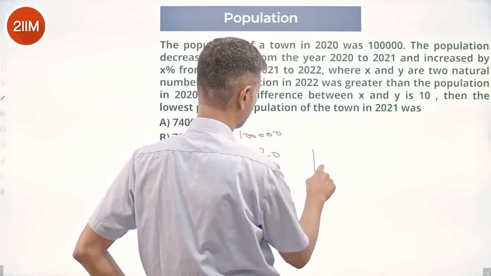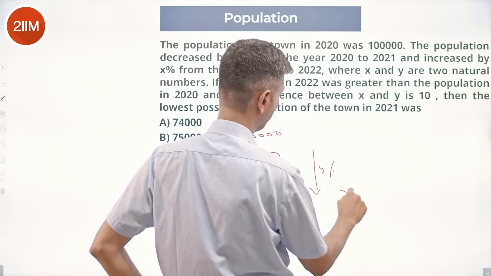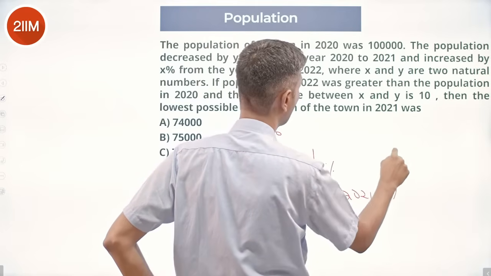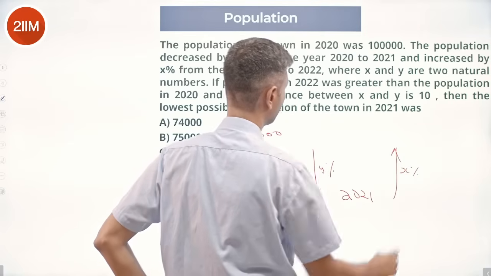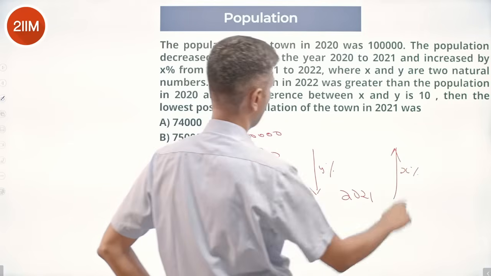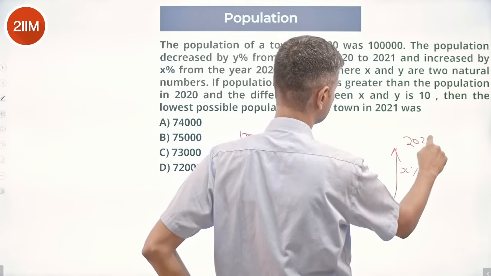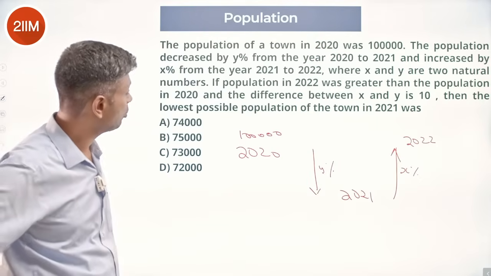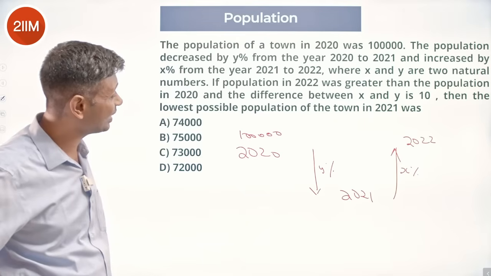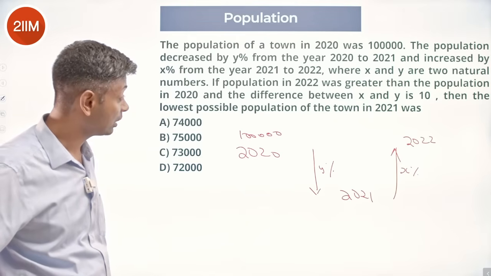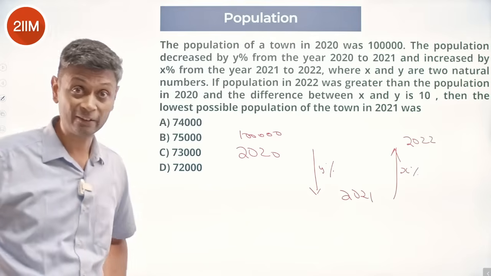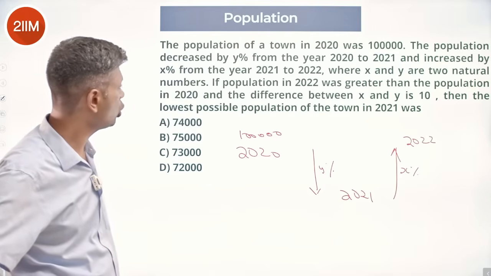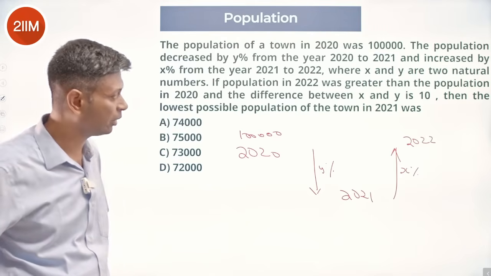Down by Y% to 2021, up by X% in 2022. Where X and Y are two natural numbers, the population in 2022 was greater than the population in 2020 and the difference between X and Y is 10. Then what is the lowest possible population of the town in 2021?